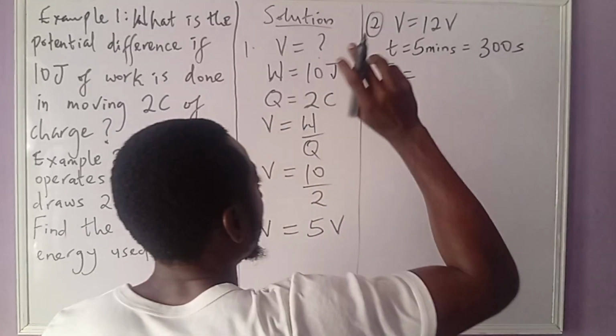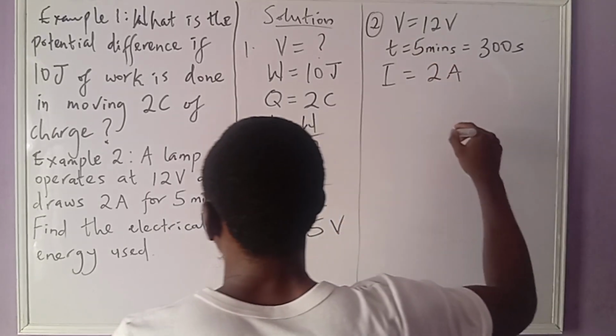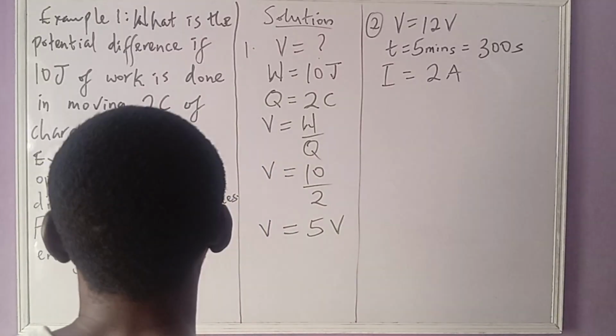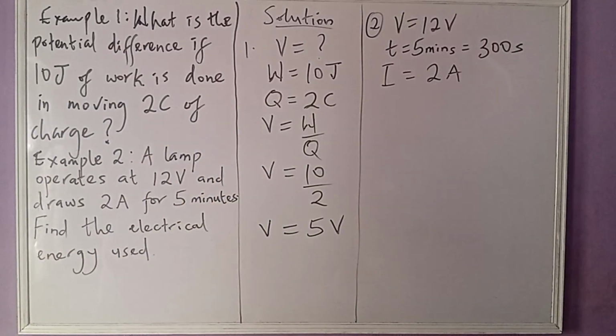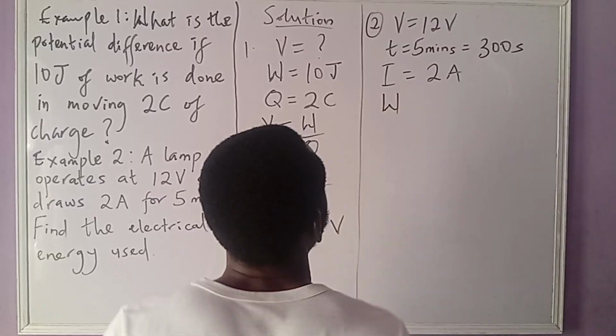Current I is used to represent current in physics, 2 amperes. Find the electrical energy. Electrical energy is also your W, which is the work.